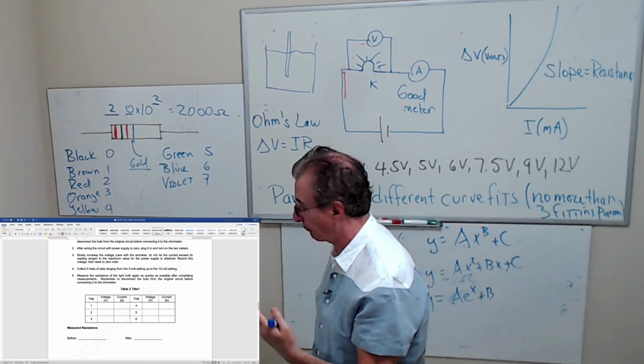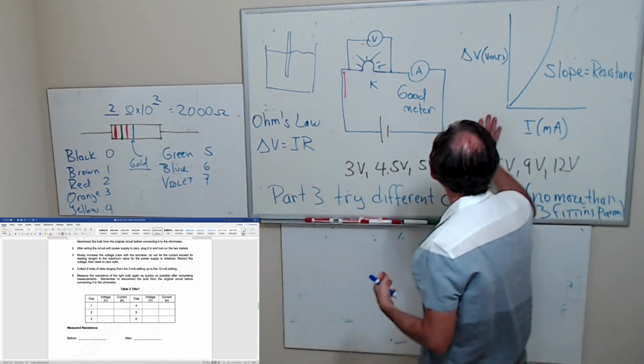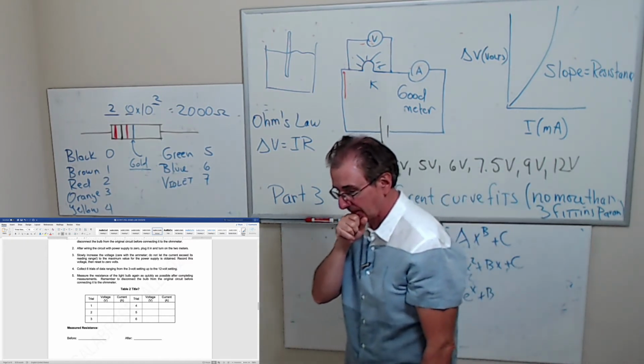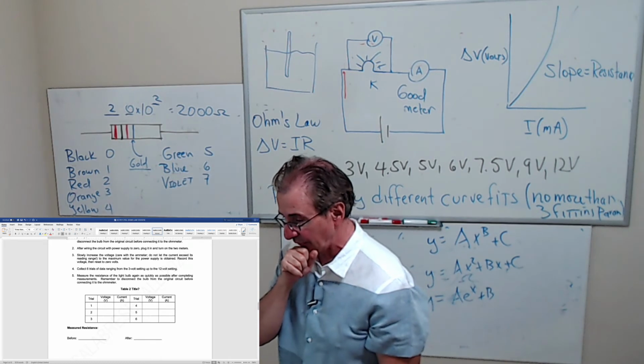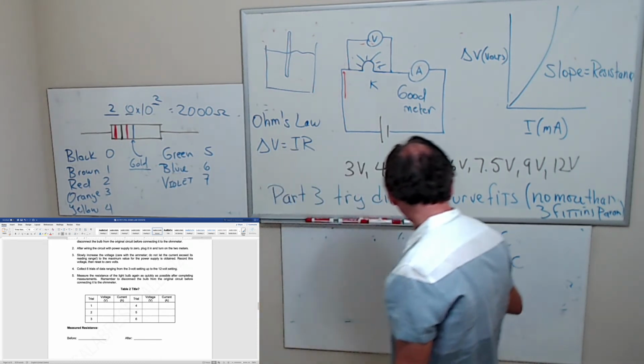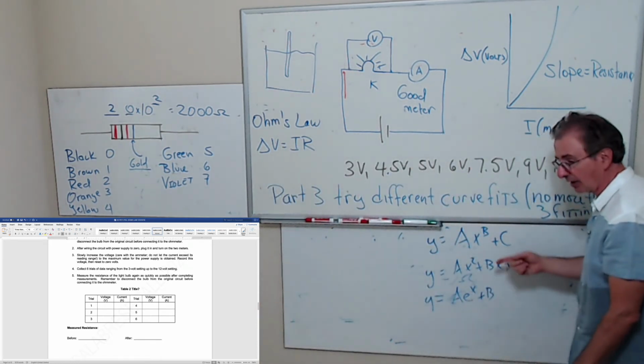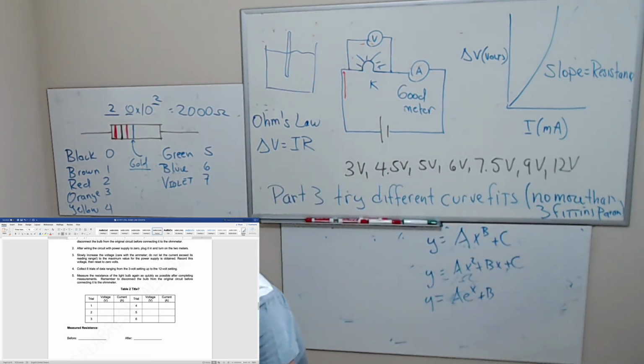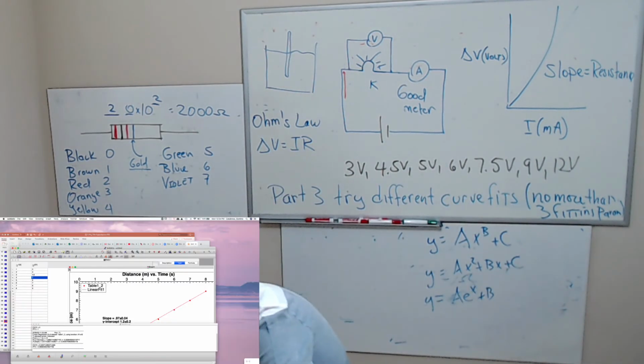So again, for the second one there are only 6 data points. If you're using graphical analysis, it does all these curve fits, and so does Cy Davis. Let me go back to Cy Davis.